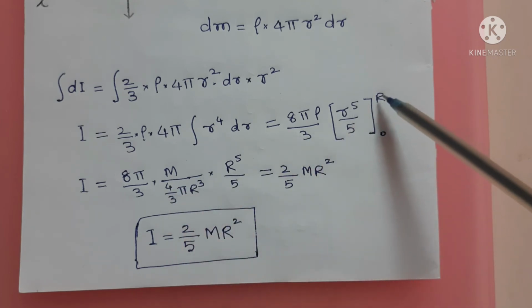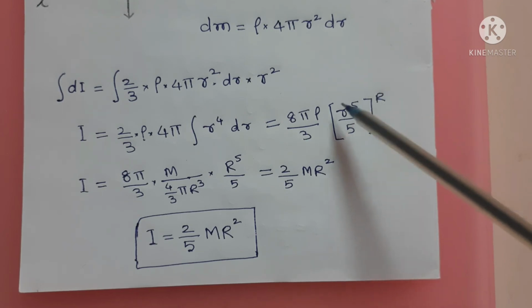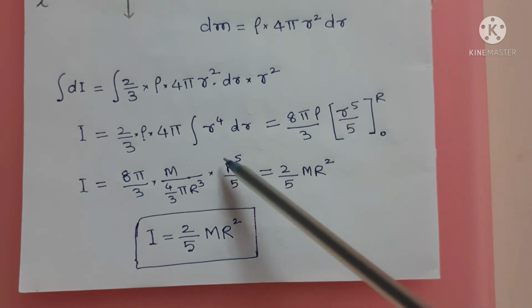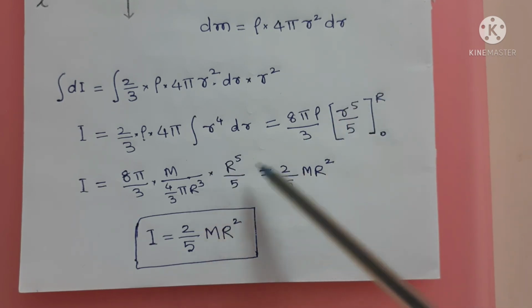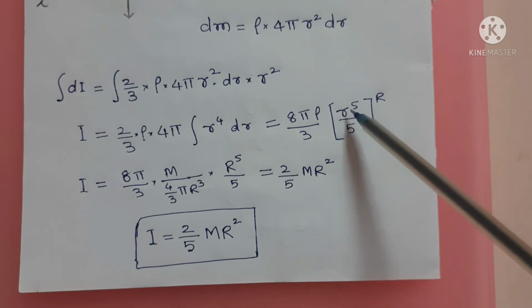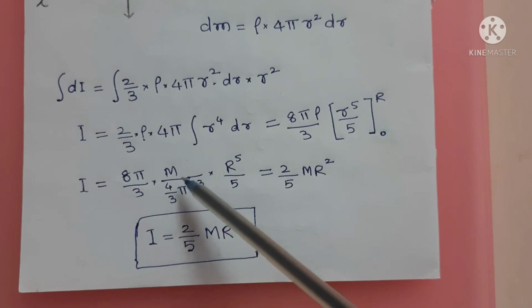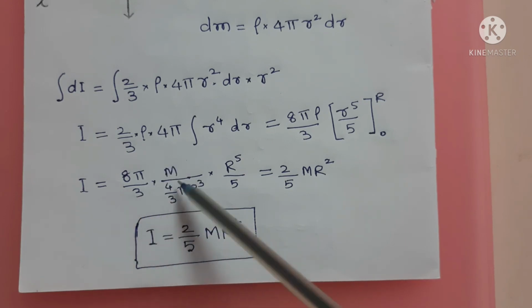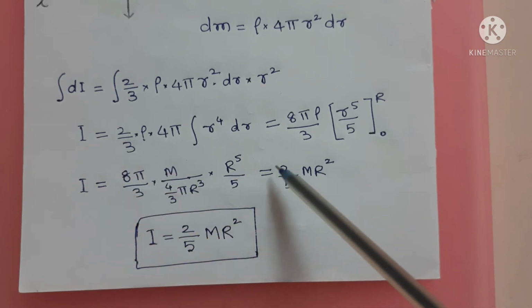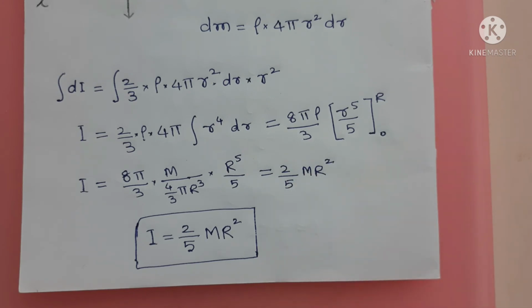Into this, small r equal to capital R, you substitute, R to the power of 5 by 5. So the lower limit gives 0, minus 0 only will come. So finally this term will come. You cut pi and 3, and 4 and 2, finally you will get 2 by 5 capital M R square. This is the moment of inertia of a solid sphere about its axis.